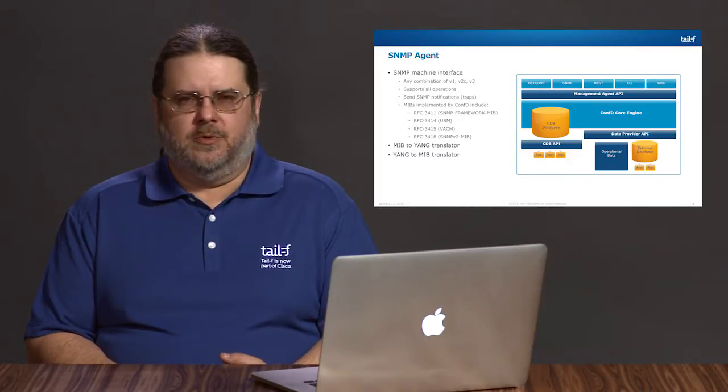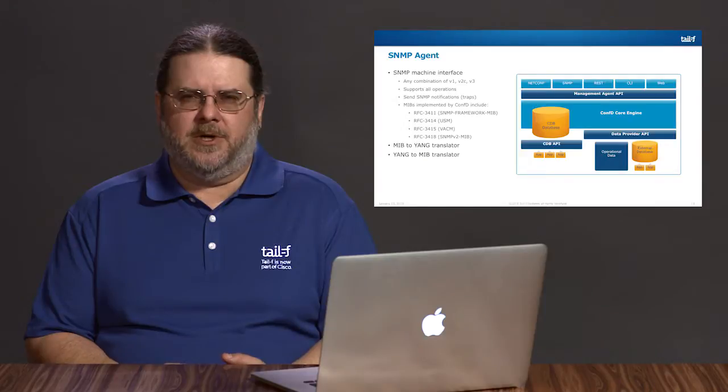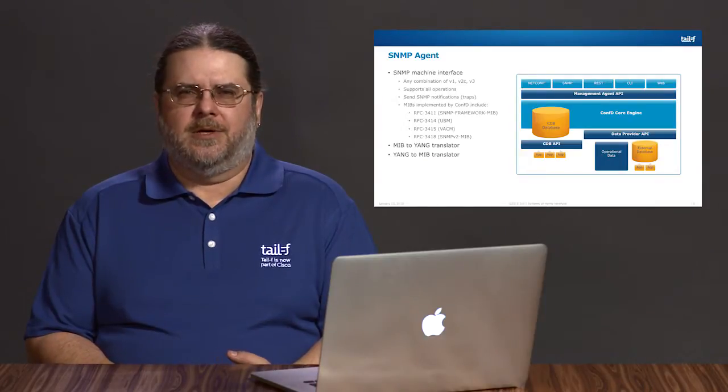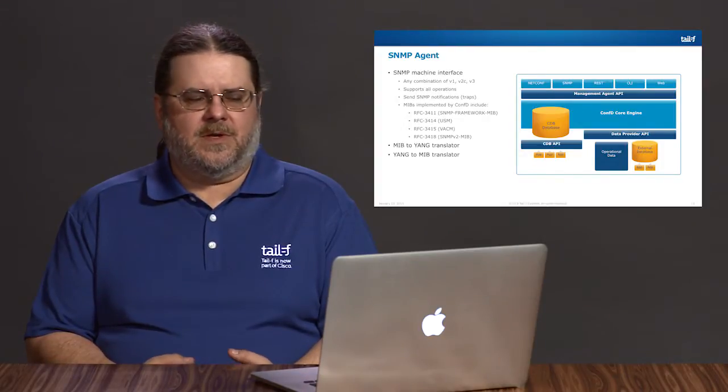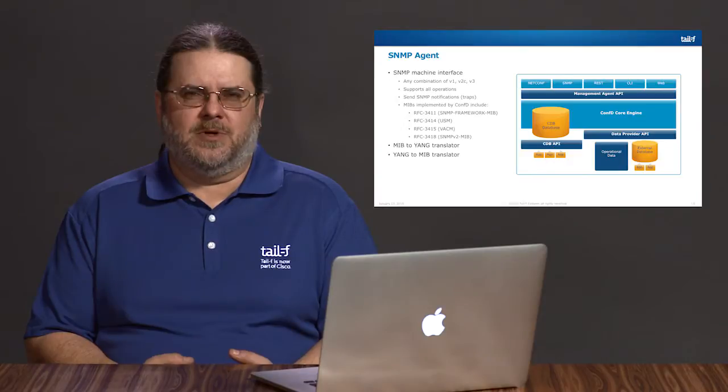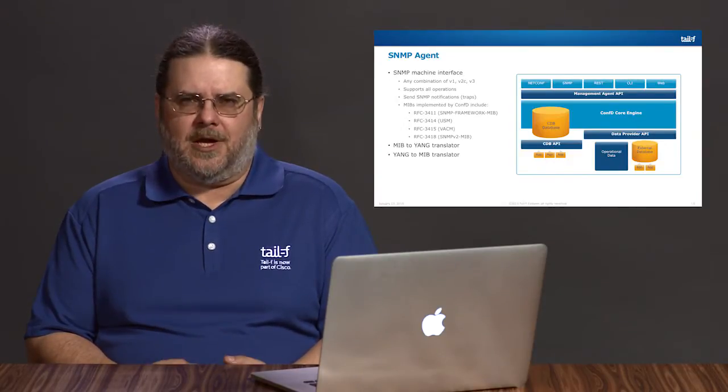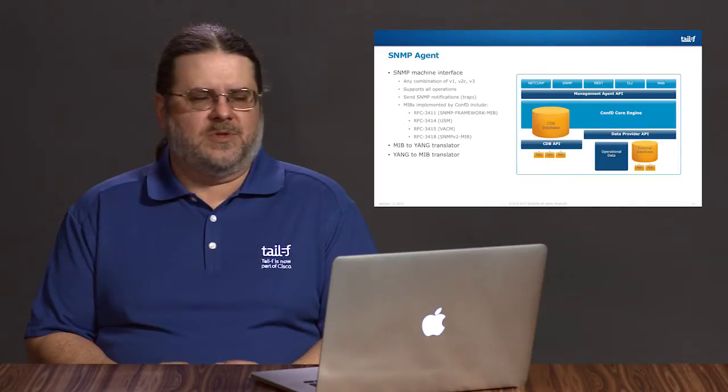We also provide tools where you can start from a Yang data model and auto-generate your enterprise MIB from that Yang model. So at the heart of it, the SNMP agent in ConfD is really bridging from the MIB OID world into the Yang world used by ConfD.